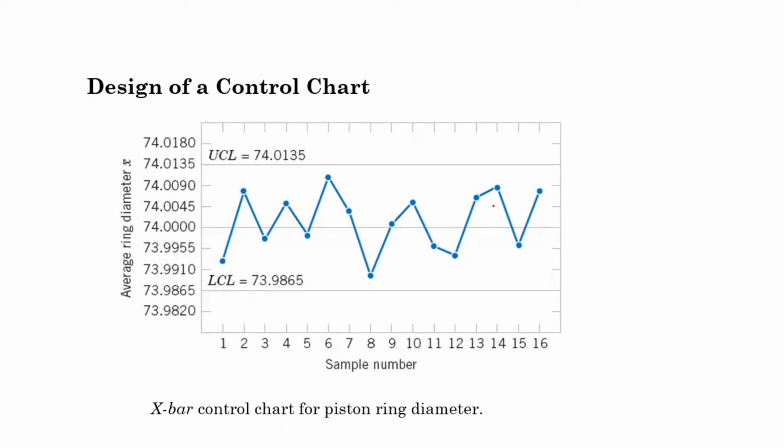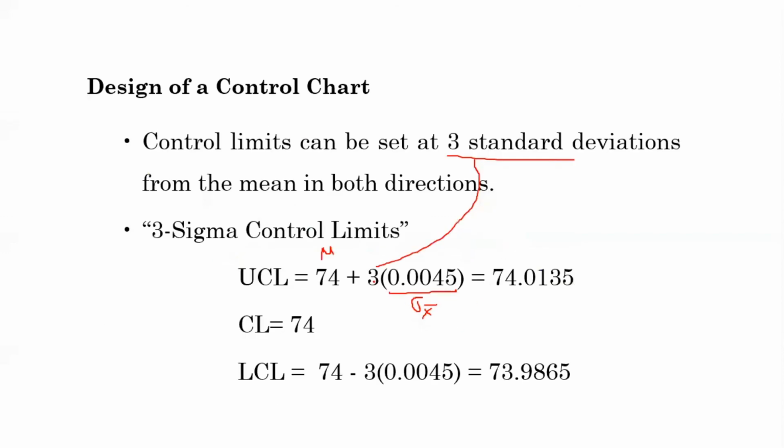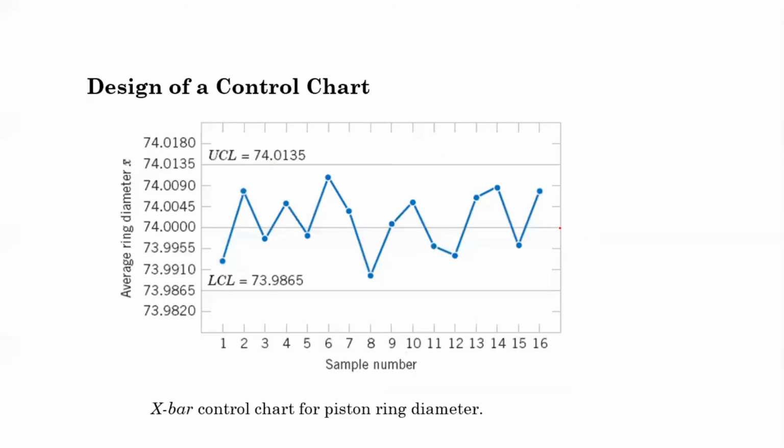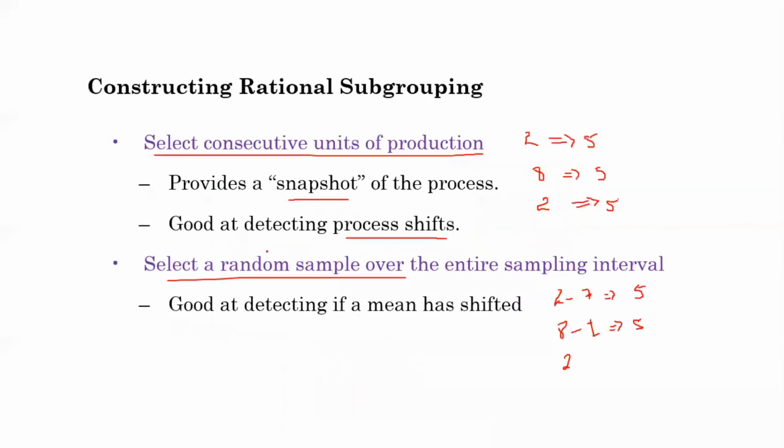Since we have taken 3 standard deviations, plus or minus, the difference between the center line and the upper control limit, and the center line and the lower control limit, would be the same. The absolute value of the dimension would be the same. This is normally how you would construct a control chart. We'll go into the details later, but this is how you construct it. You take the process mean.